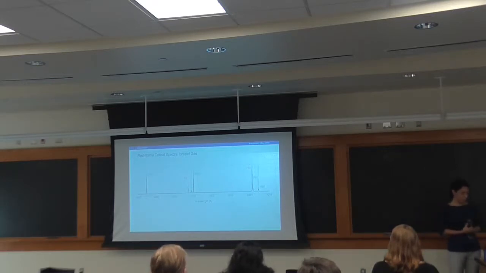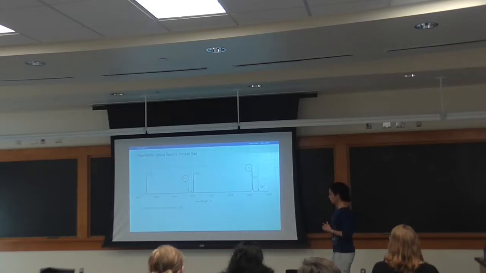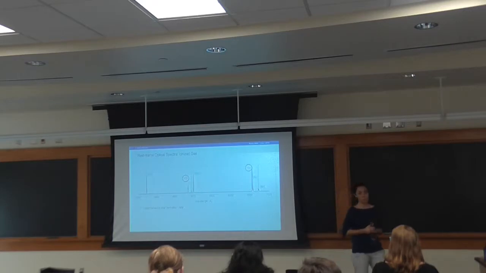Now, let's briefly take a look at what we can actually get out of these emission lines. The Balmer lines, H alpha and H beta, give us indicators of star formation rate. These lines are coming from the H II regions around the most massive stars, so they have very short time scales.